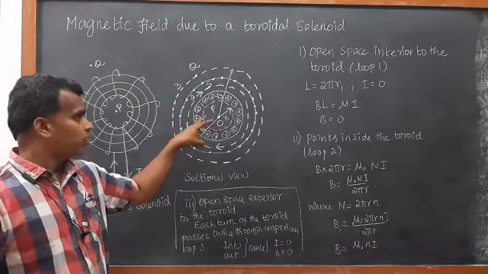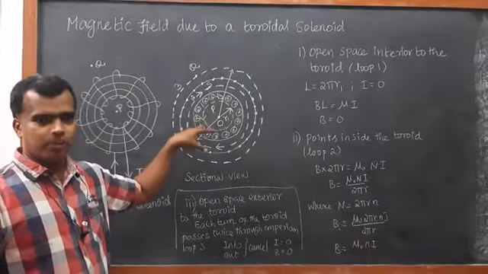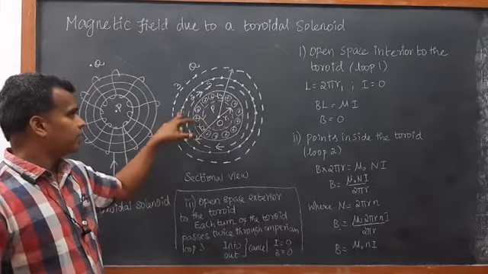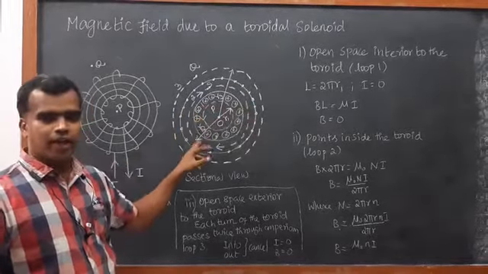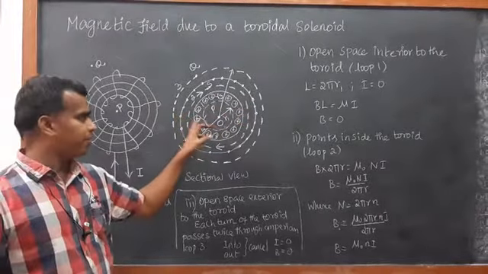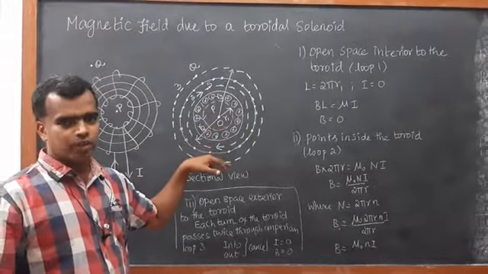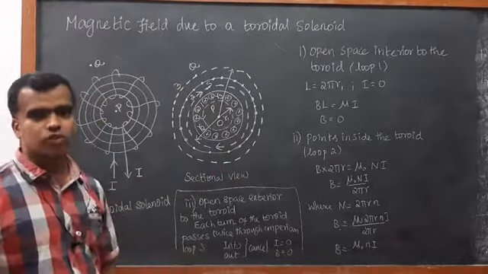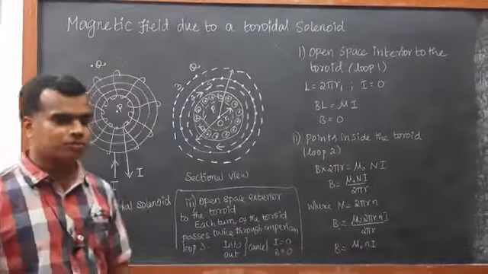Loop 1 is into the paper and loop 2 is out of the paper. Therefore they cancel each other, and outside this toroid the magnetic field value becomes 0.